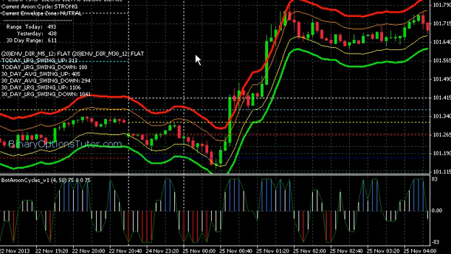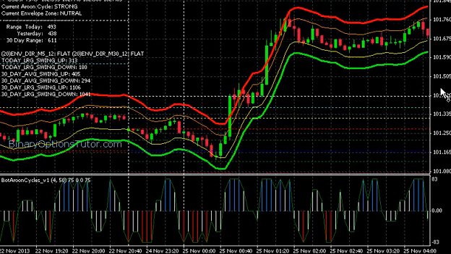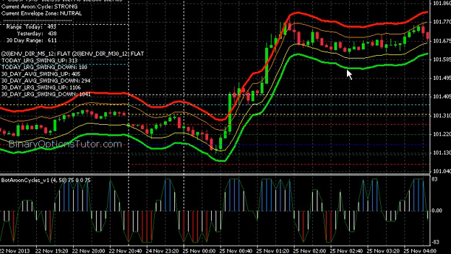Today we're going to be talking about artificial, formulaic support and resistance lines, but sometimes they can be very predictive. And I think they're a wonderful place to start when you're very new to trading and still learning how to properly draw your support and resistance lines.